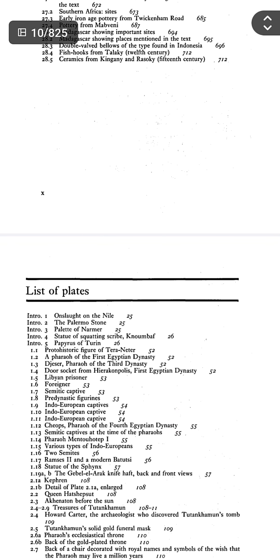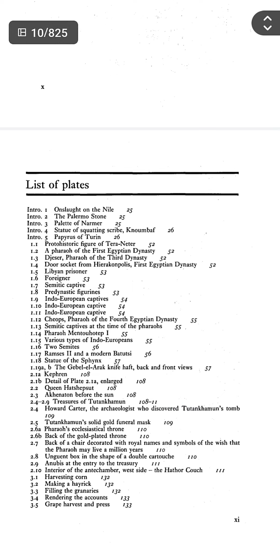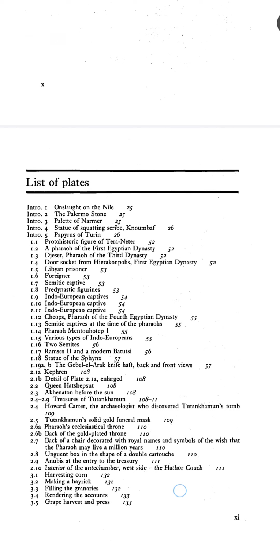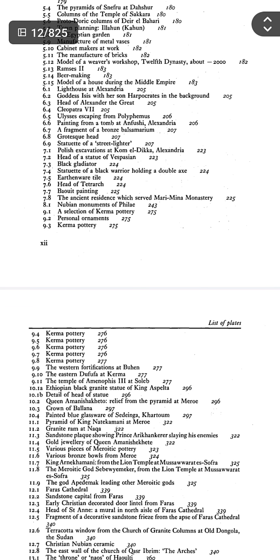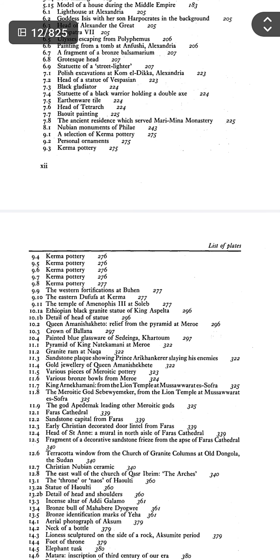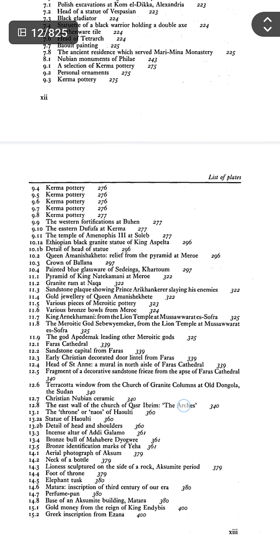It'll give you a list of plates, and this talks a lot about the artworks from varying societies and kingdoms, different forms of pottery, their statues, understanding of the Egyptian art forms, sandstone, lots of really beautiful things.